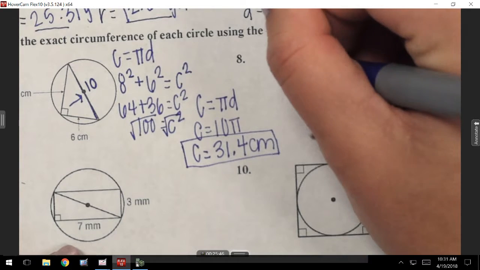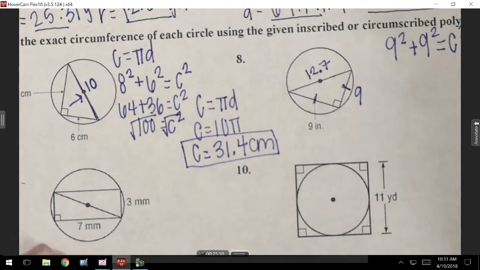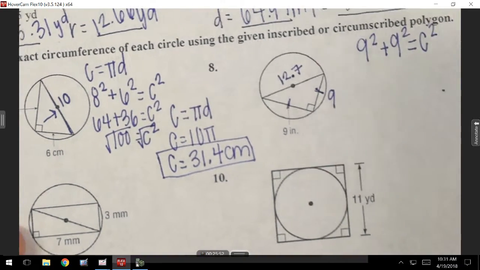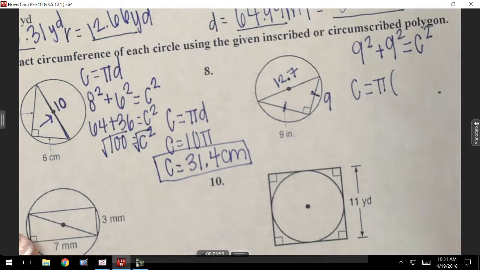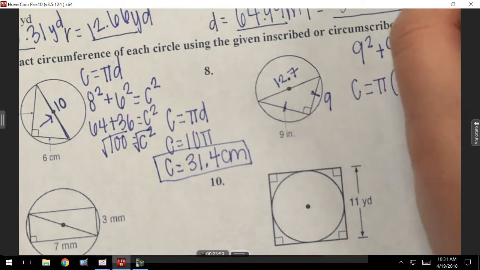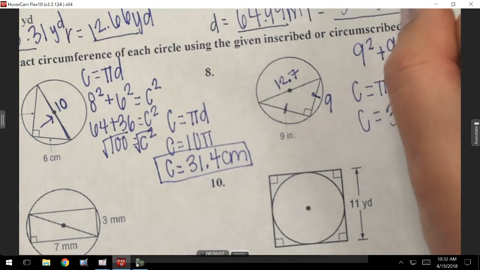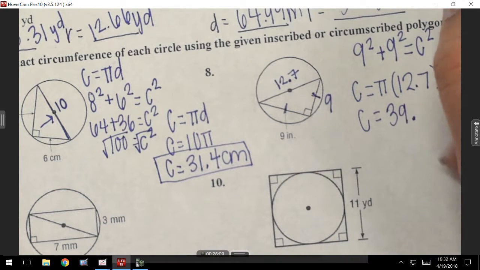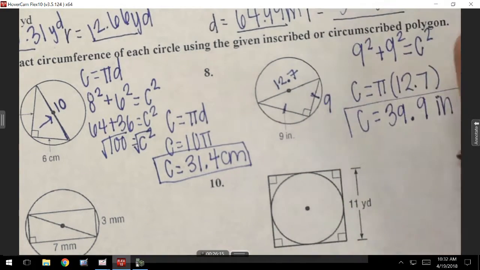So I'm going to find the diameter to be 12.7. What'd you get? Okay, so can't we find the diameter now? I'm sorry, the circumference? Pi times what? No, let's just say 39.9. 39.9 what? Inches.